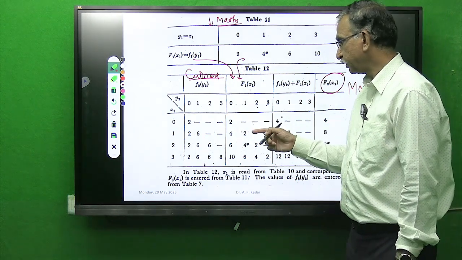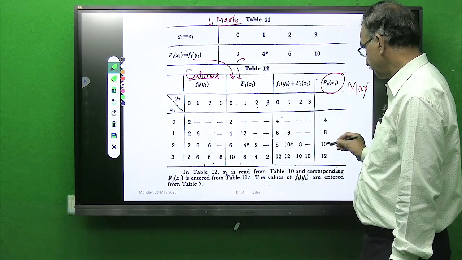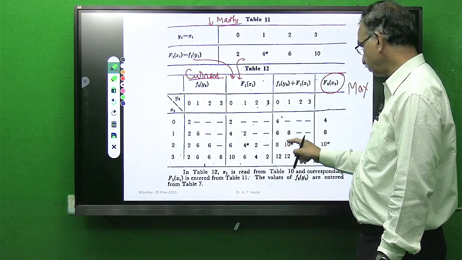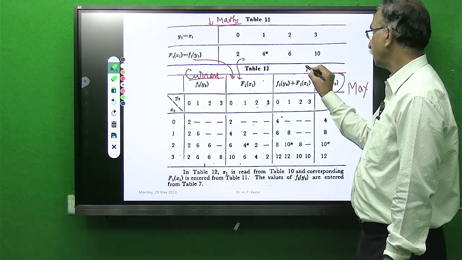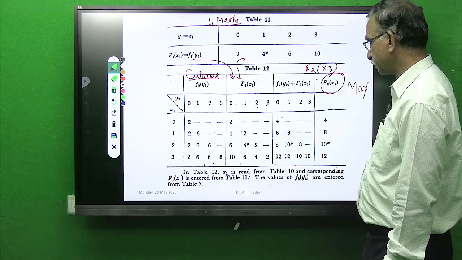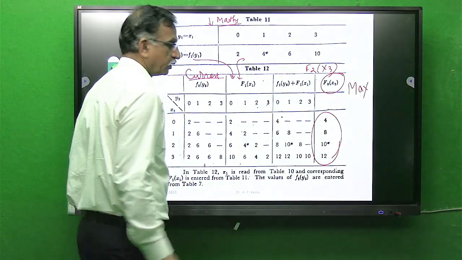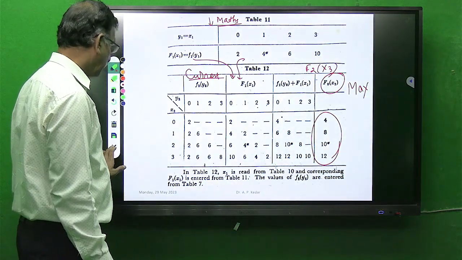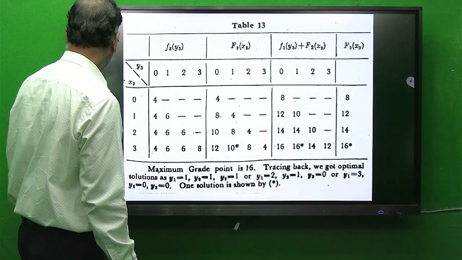So as we did in our earlier problem, for respective column addition, select maximum value from that row. So this table was for f2 of x2. In the similar fashion, we move ahead with this set of solution for second stage, and we get our third table, final table, like this.